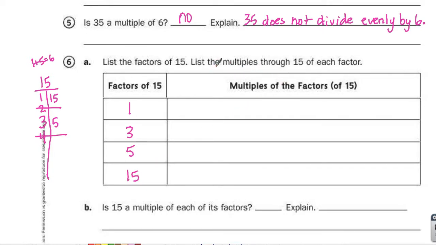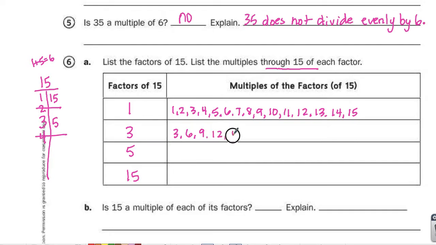Now I have to list the multiples through 15 of each factor. So for this, 1 times 1 is 1, 1 times 2 is 2, 1 times 3 is 3, 4, 5, 6, 7, 8, 9, 1 times 10 is 10, 11, 12, 13, 14, and 1 times 15 is 15, and there I can stop. 3 times 1 is 3, 3 times 2 is 6, 3 times 3 is 9, 3 times 4 is 12, 3 times 5 is 15.